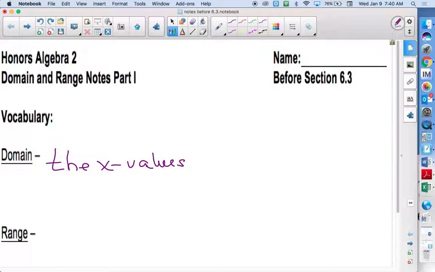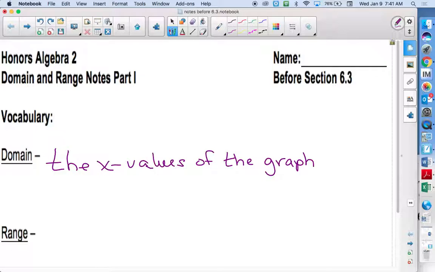So a basic definition of domain would be the x values of the graph. But specifically as you're reading it from left to right.